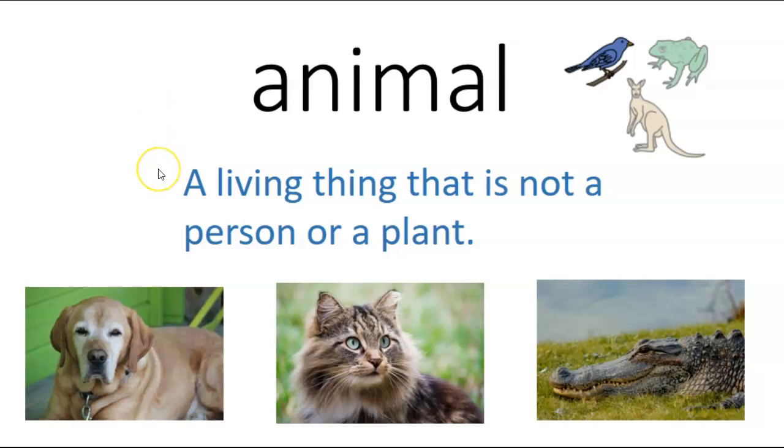And an animal is a living thing that is not a person or a plant. So here we have a dog. A dog is an animal. A cat is an animal. And this alligator is also an animal. I'm sure you know lots of other examples of animals.